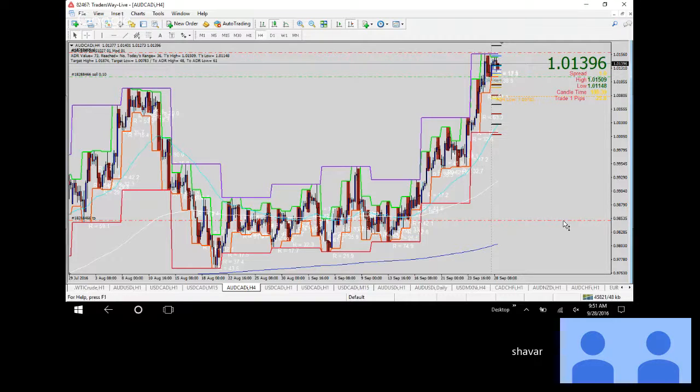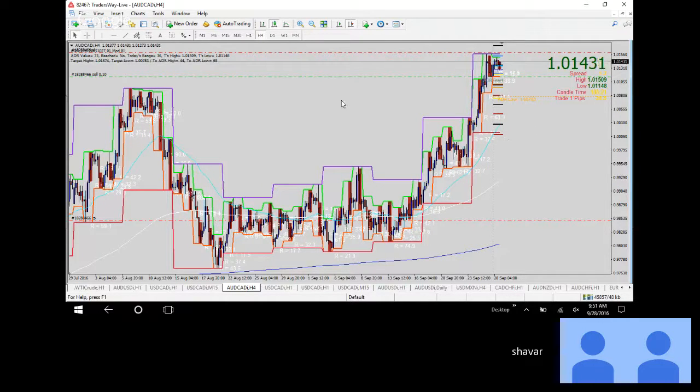As you see with swing trades, you use smaller lot sizes, because you can't go on drawdown. That's why I use small lot sizes. Make sure your account can handle it.